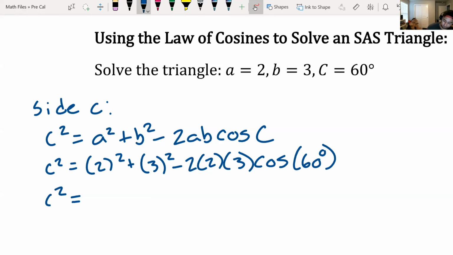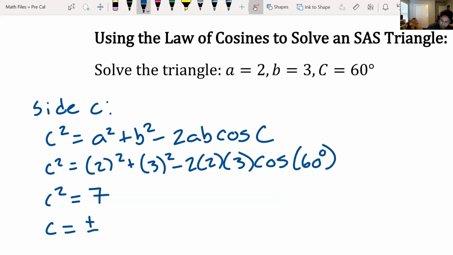And I get 7. Then square root both sides, and we'll get C equals 2.65.